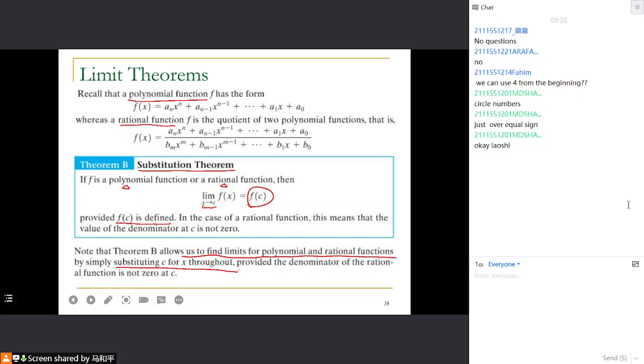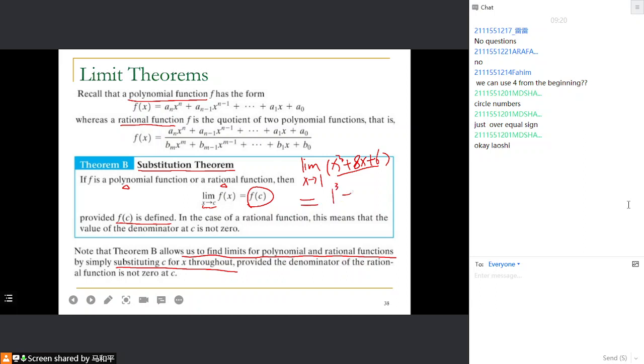Provided the denominator of the rational function is not 0 at c. So this means, for example, for this one, we want to calculate the limit as x approaches 1 of x cubed plus 2x plus 6. We know this is a rational function, and by the substitution theorem, we just substitute c, which is 1, for x.